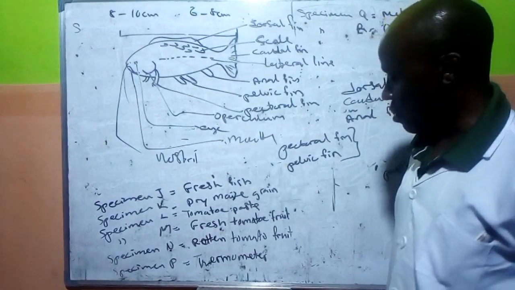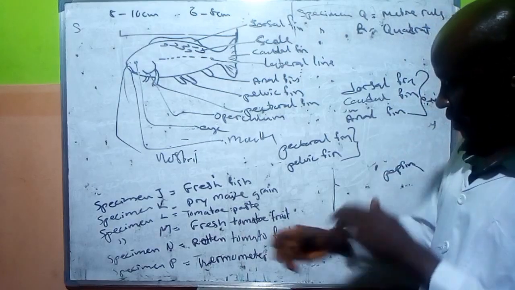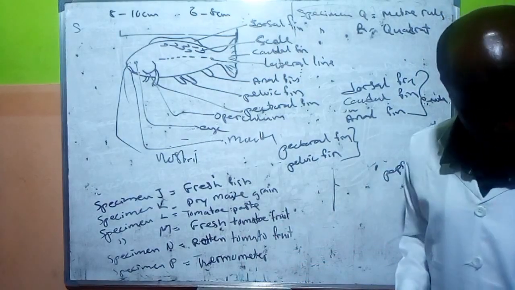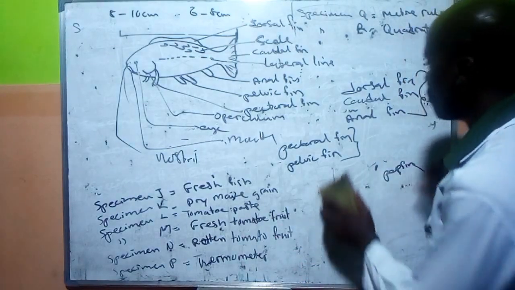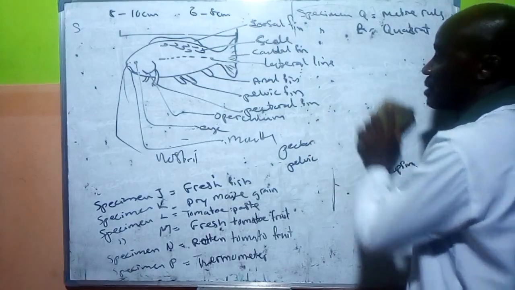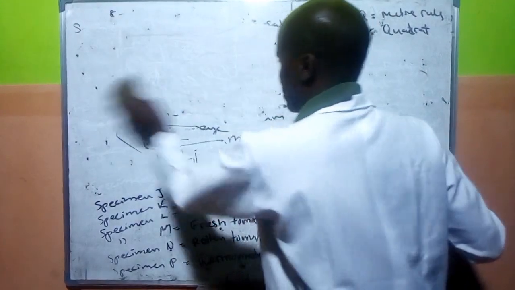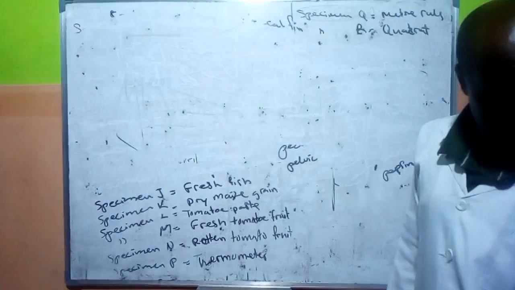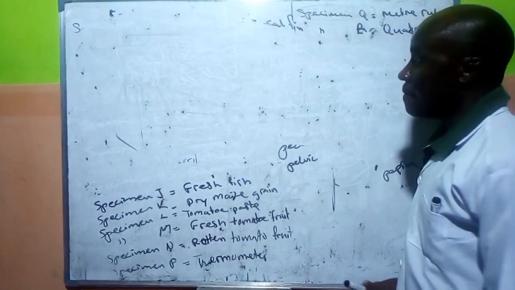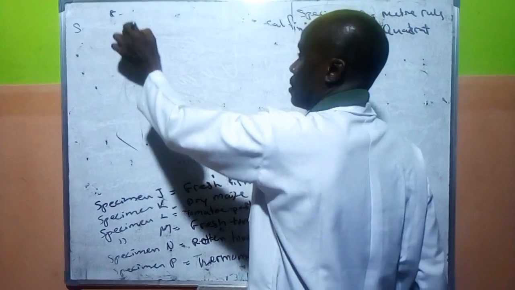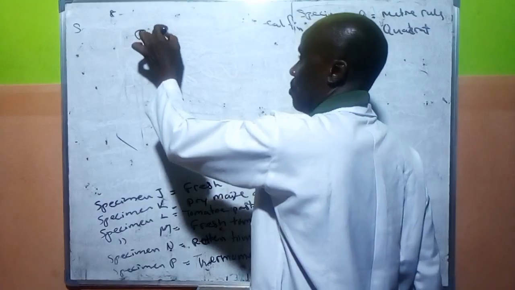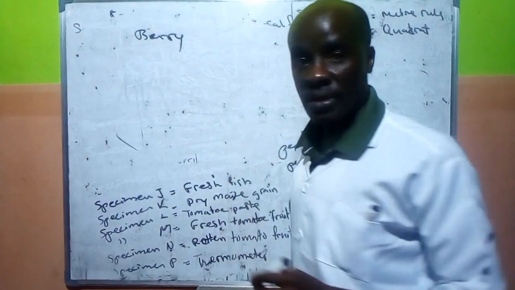So the next one, we'll go over to the fresh tomato. In the fresh tomato, the fruit, what we should be expecting there is, one, the type of fruit we have there is what we call a berry.